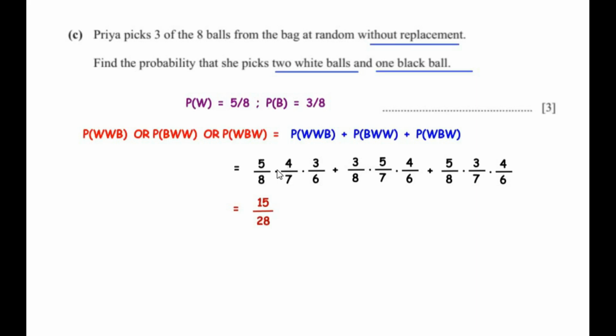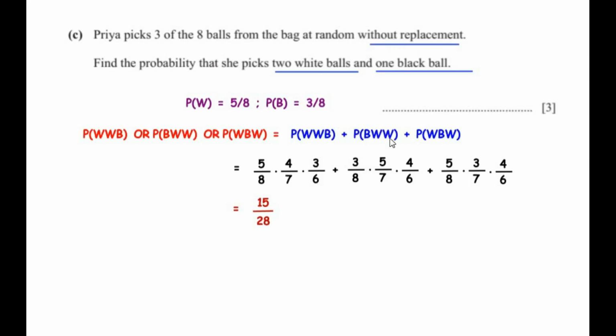And the same thing happens for the total number of balls, because she has already taken the ball and is not going to replace it. So the total number of balls is also going to reduce by 1. So here we get 4 over 7 times. Now the third ball is going to be black, which is going to be 3 over 6. So here you can see the pattern is the same for all the 3 combinations, 8, 7, 6 and 8, 7, 6. So the total number of balls will keep on reducing because this is without replacement.